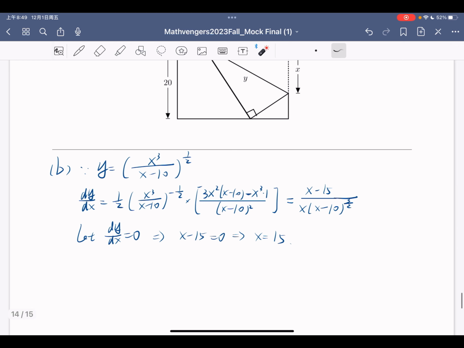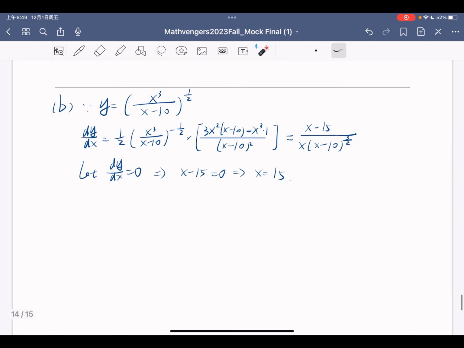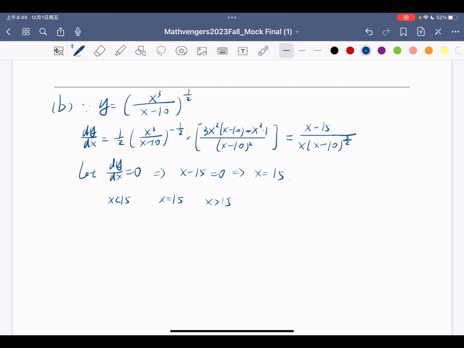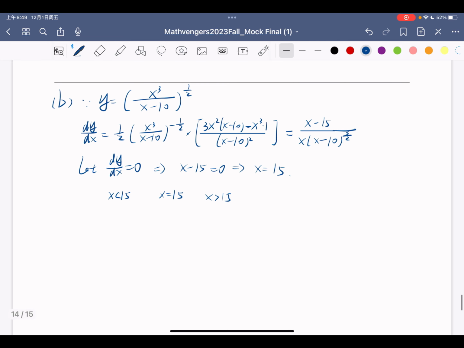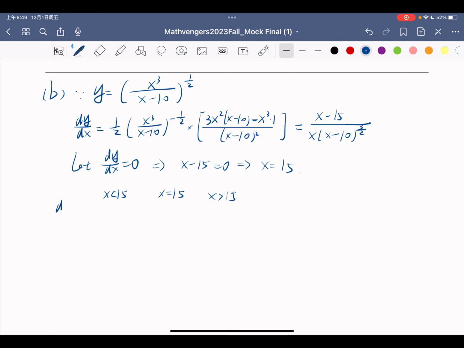But we can try to substitute values around 15 into the function. Like we can have x is equal to 15, x smaller than 15, and x greater than 15. Okay, so the first derivative, we will get minus on one side and positive on the other.